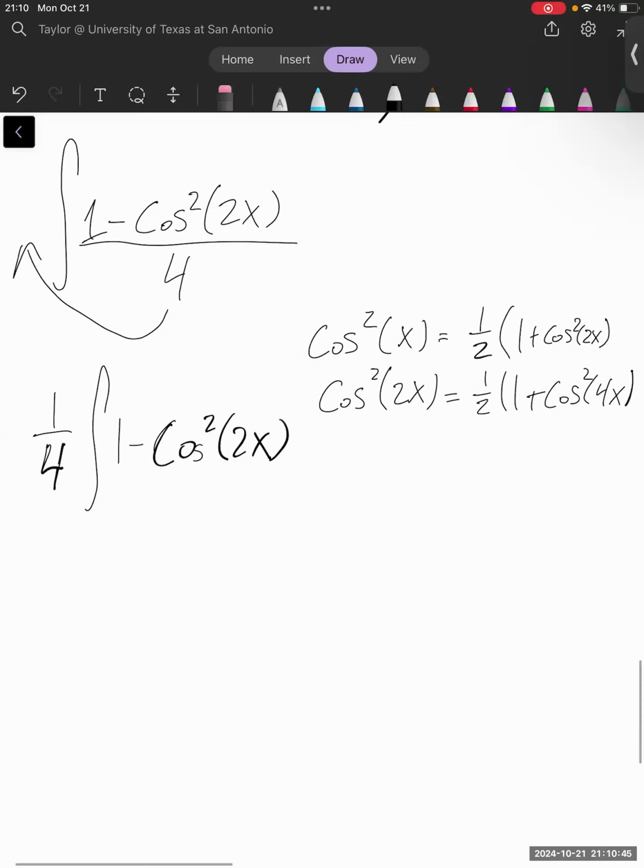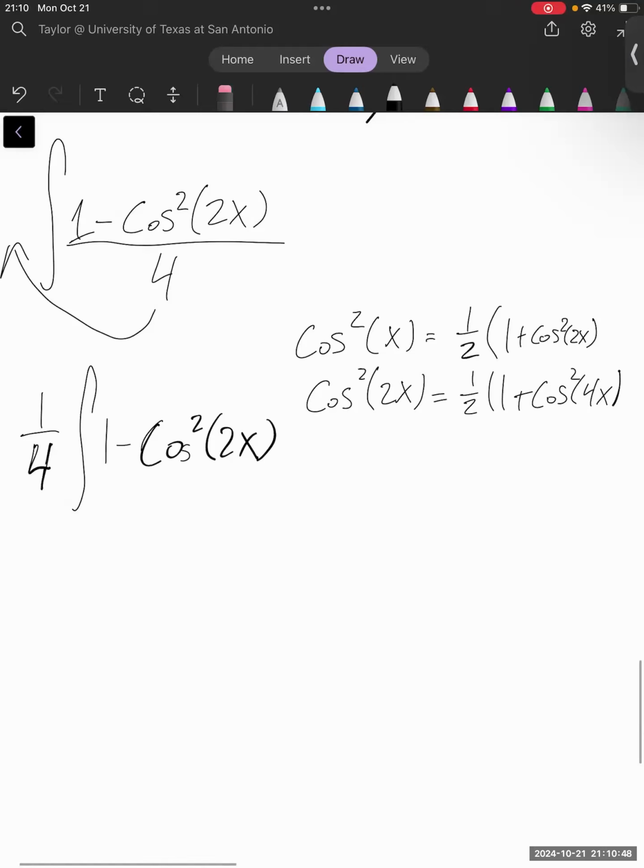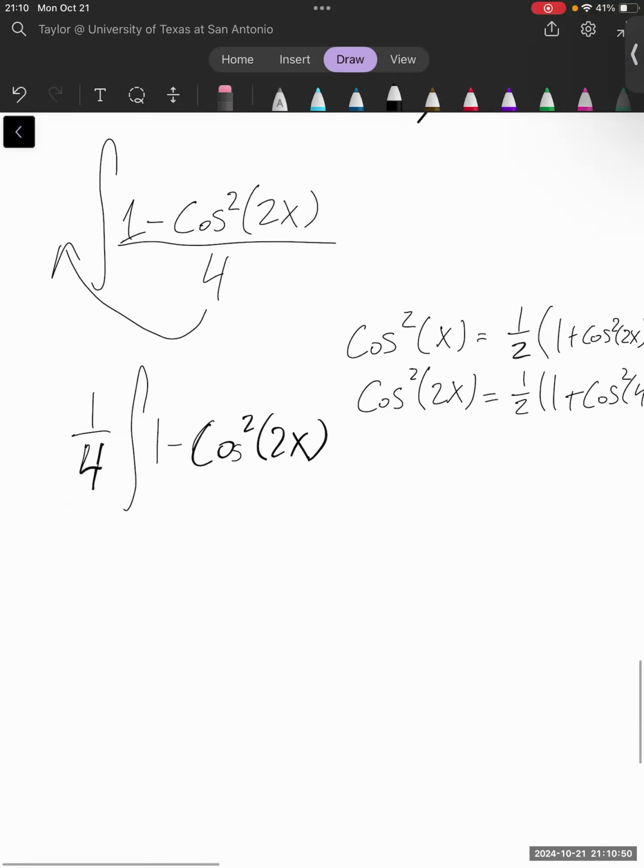So I'm going to go ahead and substitute this in for my integral there. The integral of 1 will give me x, then I'll have 1 over 4 times x minus the integral of 1/2.